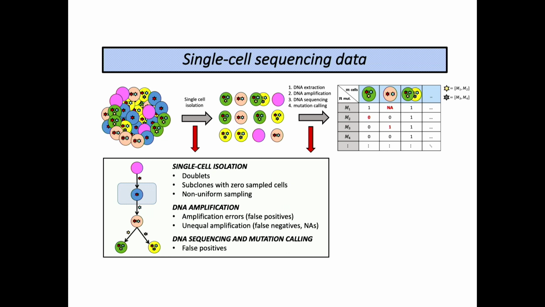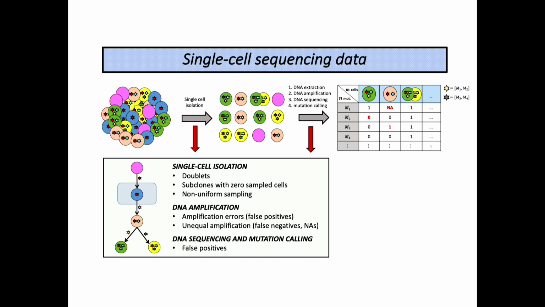So in a typical input of single cell data, basically you'll have the mutations and cells, and each particular mutation observed in a single cell will be depicted by 1 here. Sometimes you cannot really tell. And if it doesn't exist, you just put down a 0.